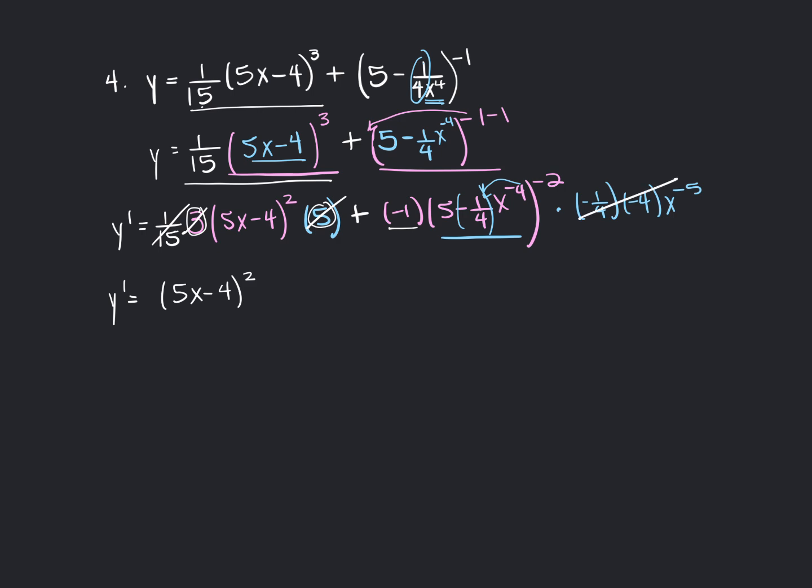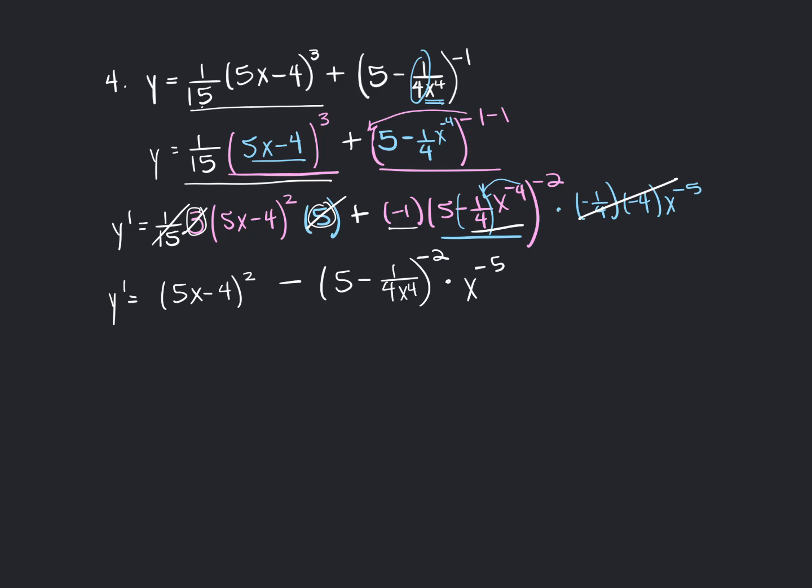So this negative 1 is actually going to make this a minus problem, or a minus instead of plus, and then I'm going to have a 5 minus 1 over 4x to the 4th, because that's what this was originally, to the negative 2 times x to the negative 5.